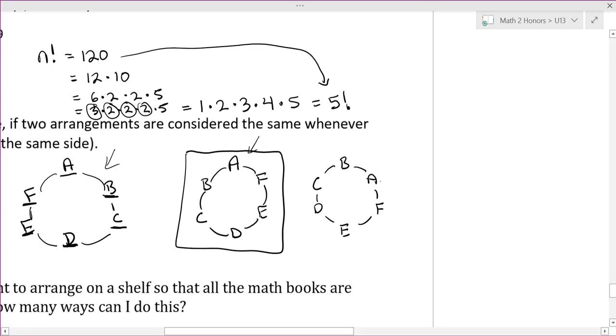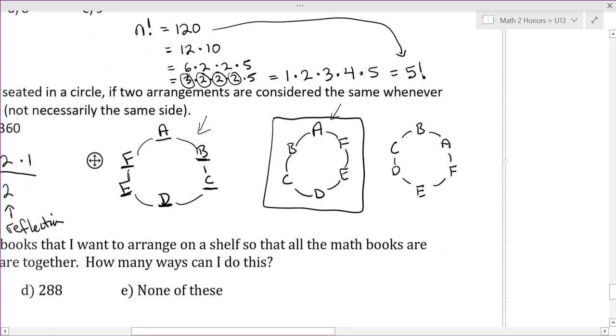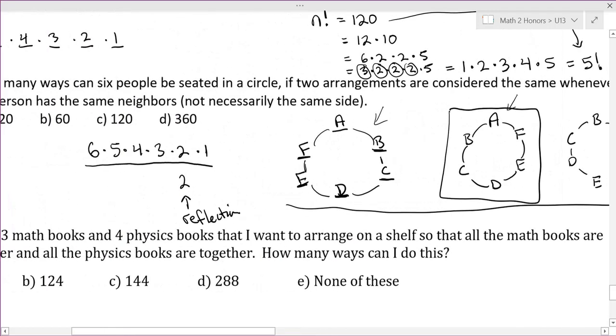And how many different rotations can we have? Well, we can have a rotation where A is on top, one where B is on top, one where C is on top, one where D is on top, one where E is on top, and one where F is on top. There's 6 letters, so 6 different rotations. And again, if I were looking through a list of rotations, all 3 of these are the same, right? And there's 6 different rotations, and so I also have to divide this by 6.